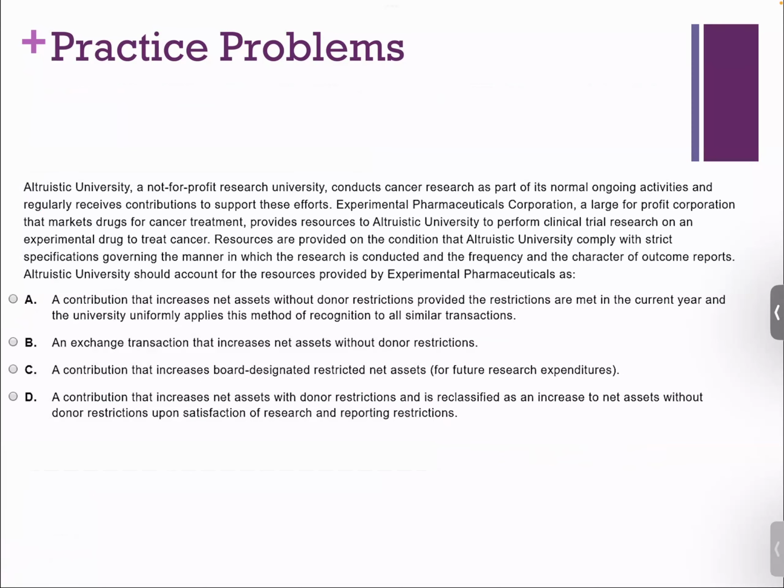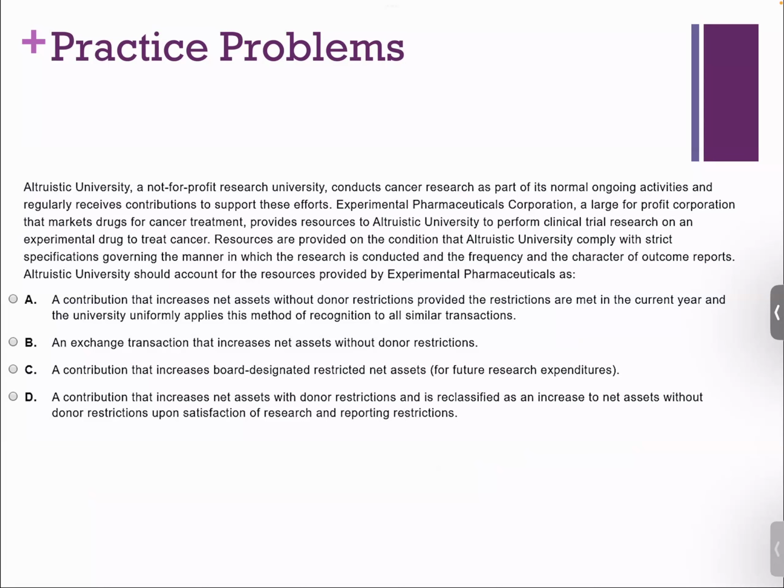Cool. All right. Altruistic University, a not-for-profit research university, conducts cancer research as part of its normal ongoing activities and regularly receives contributions to support these efforts. Experimental Pharmaceutical Corporation, a large for-profit corporation that markets drugs for cancer treatment, provides resources to Altruistic University to perform clinical trial research on an experimental drug to treat cancer.